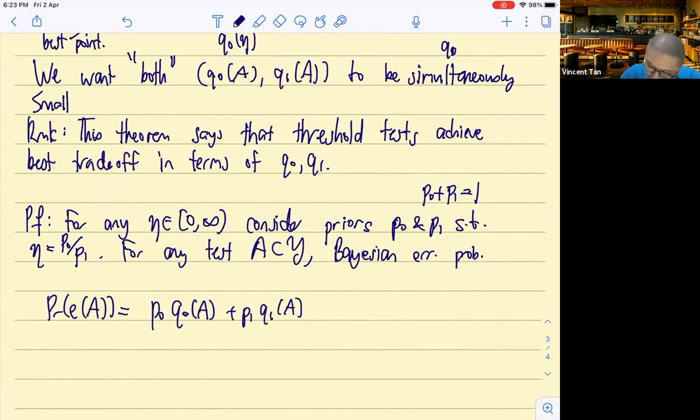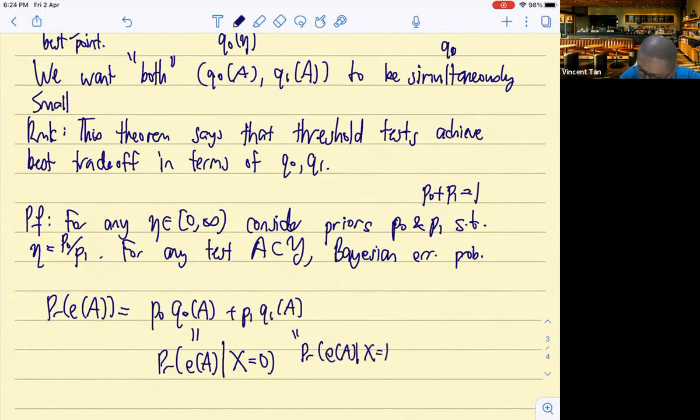This is nothing but the law of total probability, because Q0(A) is the probability that you make an error based on test A, conditioned on x equal to 0, and Q1(A) is the probability that test A makes an error, conditioned on x equal to 1. So this is hopefully simple enough.